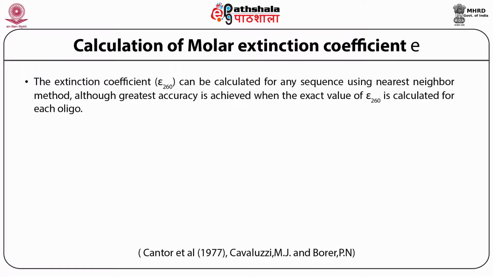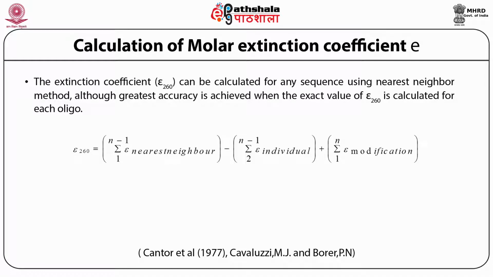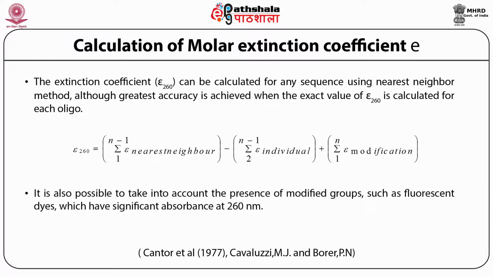The formula is epsilon at 260 equal to summation of nearest neighbor for all combinations minus summation for individuals plus summation for modification. It is possible to take into account the presence of modified groups such as fluorescent dyes, which have significant absorbance at 260 nanometers.